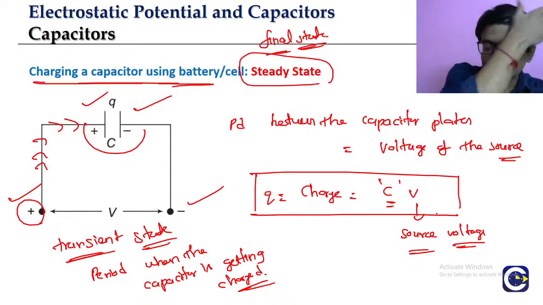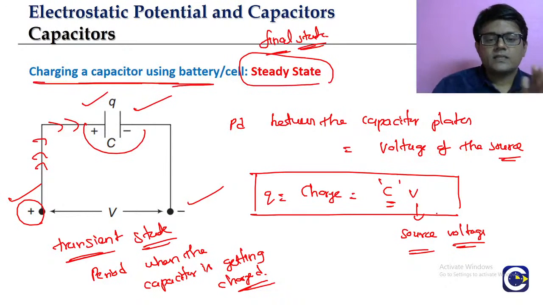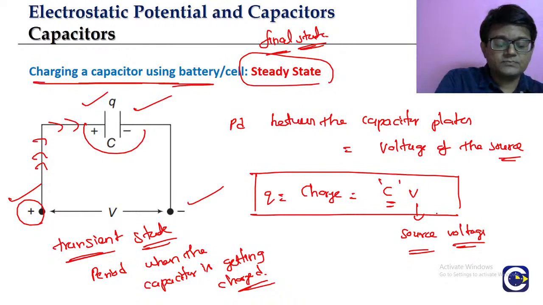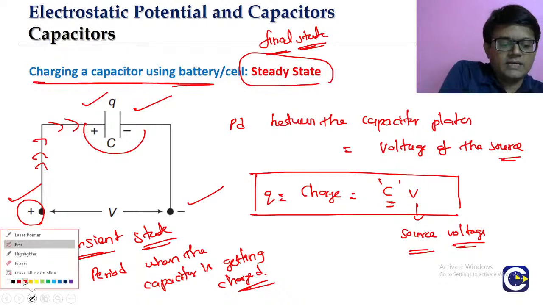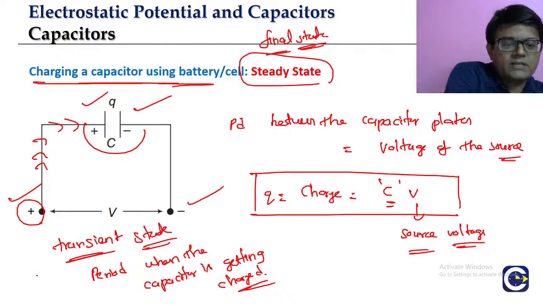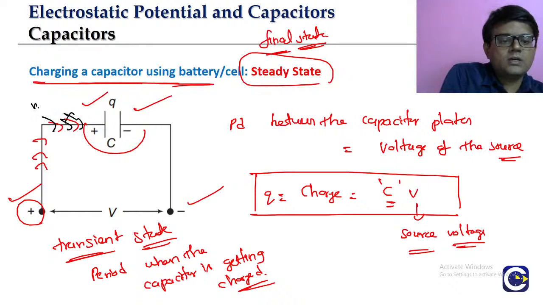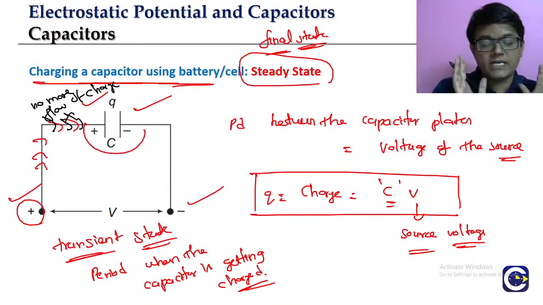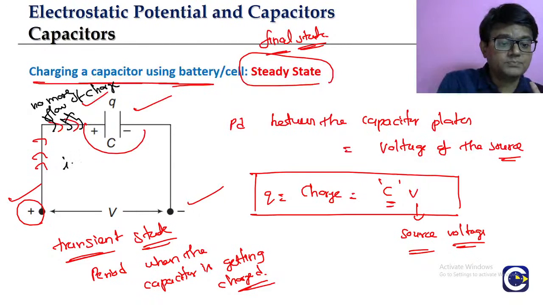Once the capacitor is fully charged, there will be no more flow of charges through that branch. In whatever branch you are keeping the capacitor, there is no more flow of charge, which means there will be no current.